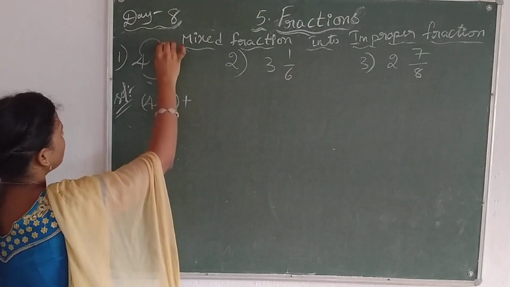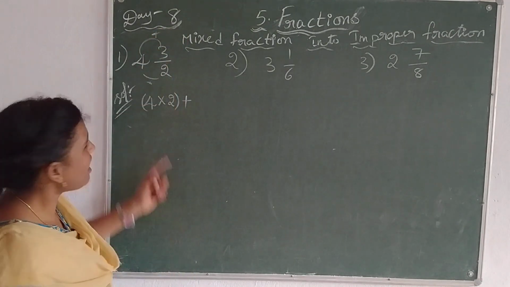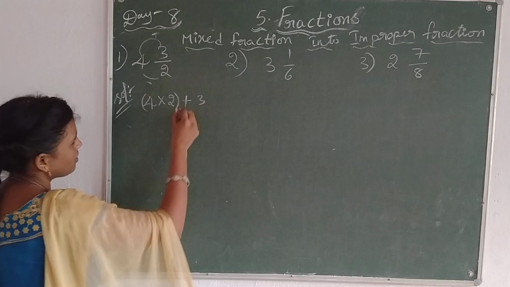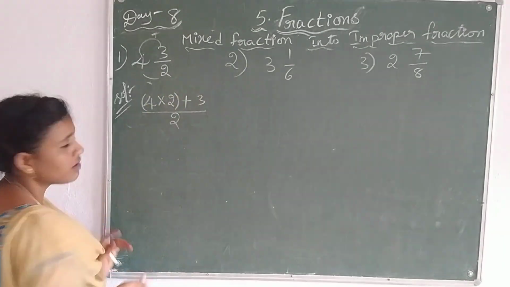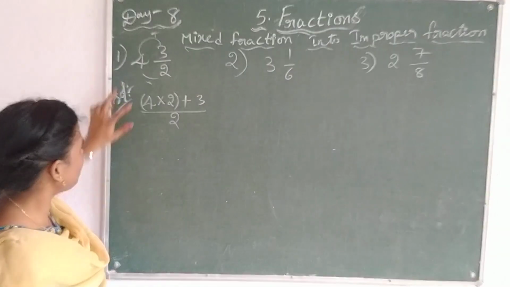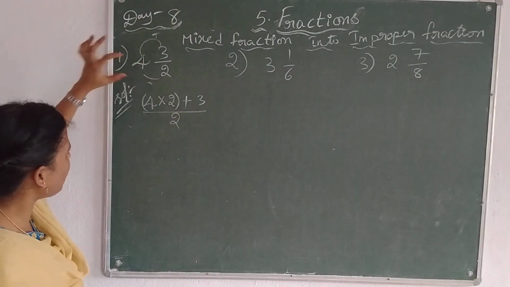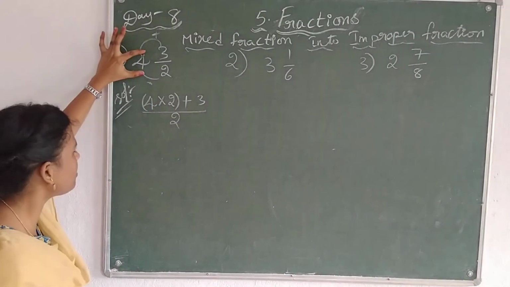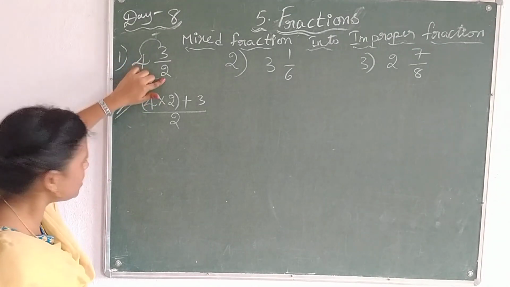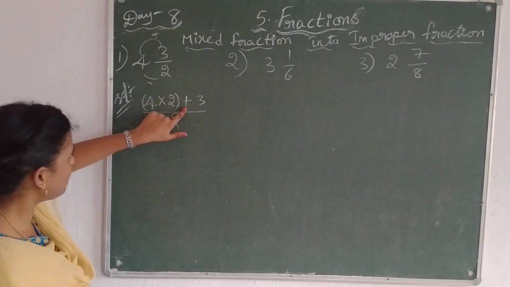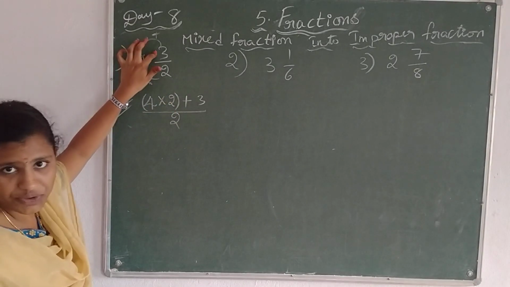Let's add the numerator. What is the denominator? 2. Remember, I am telling again. First multiply the whole number, that means the single number, that is 4. 4 into 2, whole number into denominator, plus 3, that is the numerator.